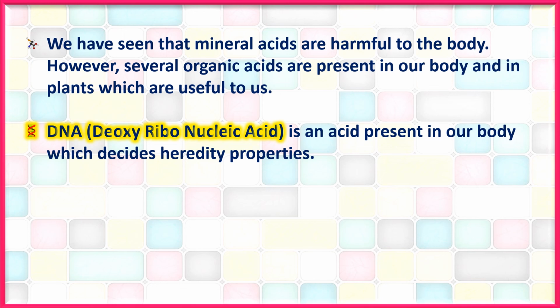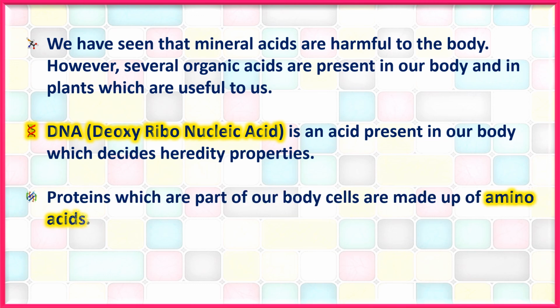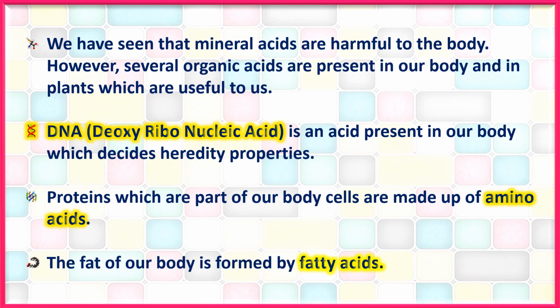That is called heredity. So we have an important acid in our body called DNA, which decides that. Apart from that, proteins which are part of our body cells are made of amino acids, and the fat of our body is formed by fatty acids.